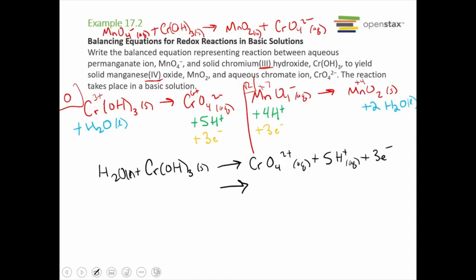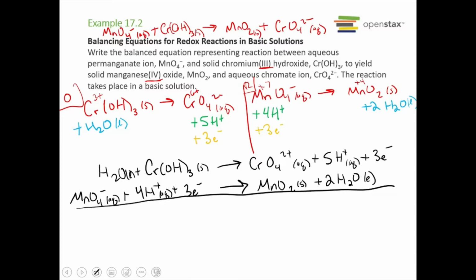In our other reaction, we have MnO4 minus plus 4H plus aqueous plus 3 electrons going to MnO2 solid plus 2 waters.